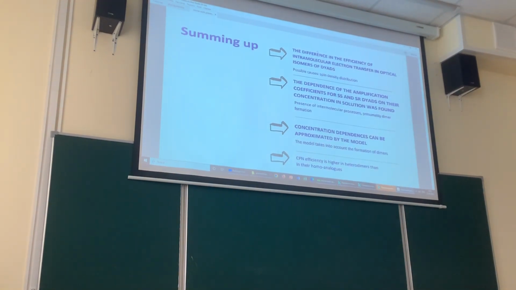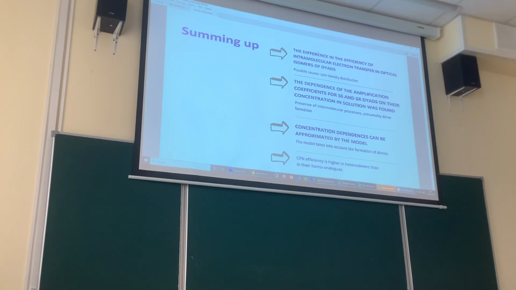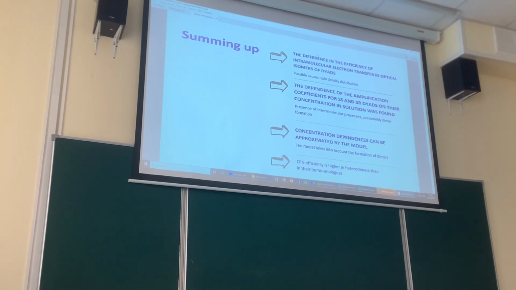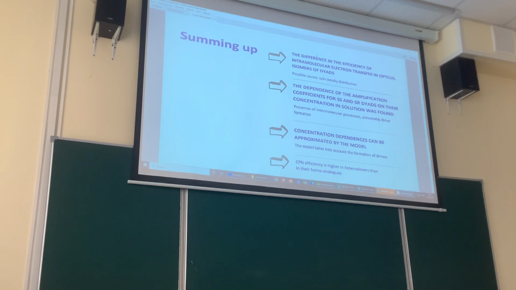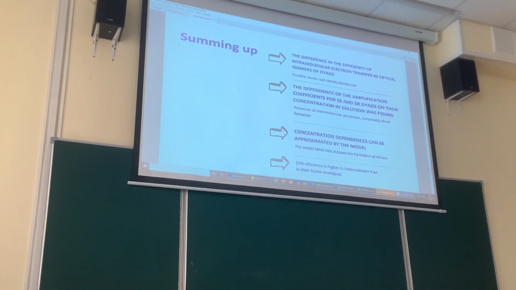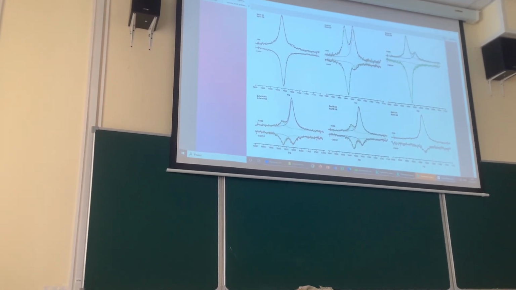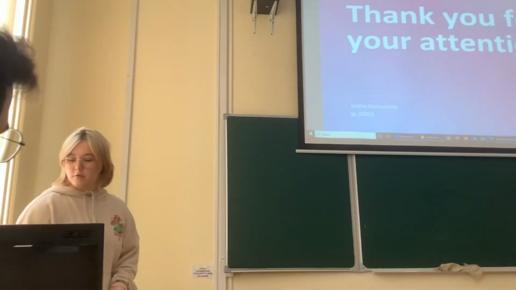This concentration graph can also be approximated by a model that shows there is a formation of dimers in our CIDNP process. Also, the CIDNP efficiency is higher in heterodimers than in homodimers, which is shown on that slide. Like, the SR peak is lower than the SS peak. That's all. Thank you for your attention.